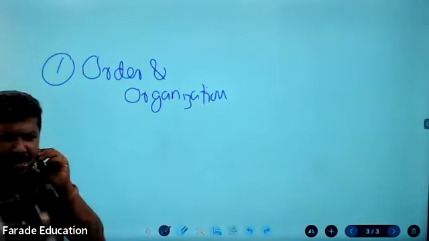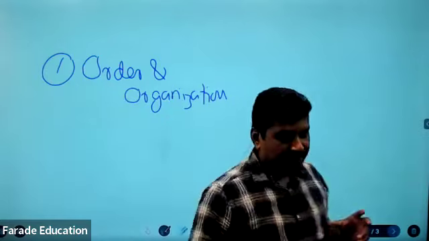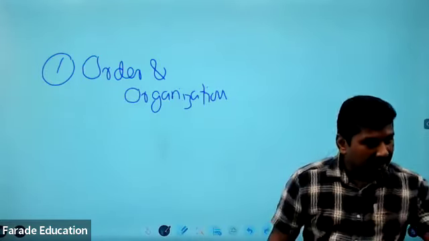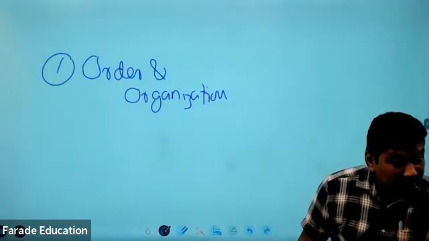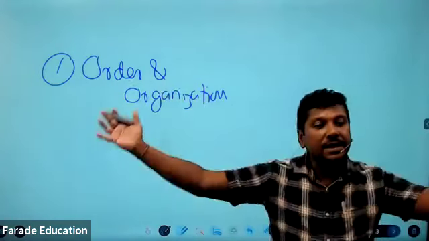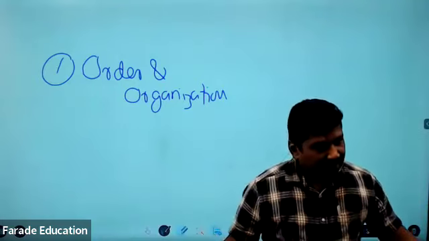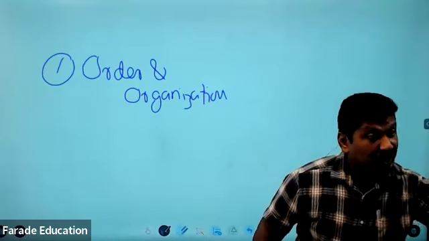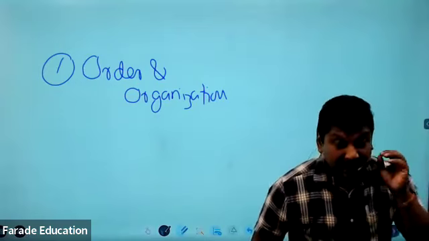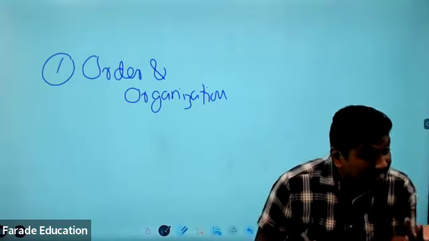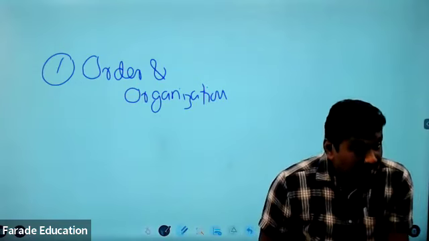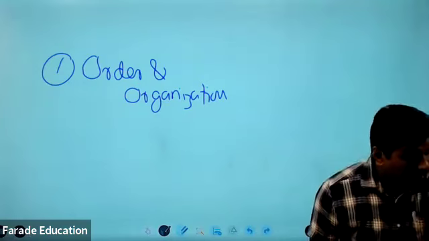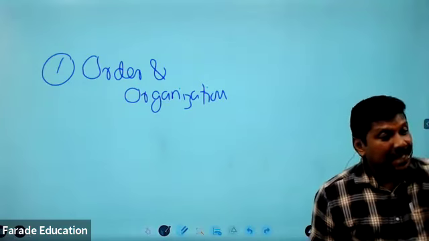What do you mean by order and organization? Now I told you every organism is made up of either one cell or so many cells. Whatever the organism, they are made up of cells. That is why cells are considered the basic unit of life. The structural and functional unit of life is the cell.